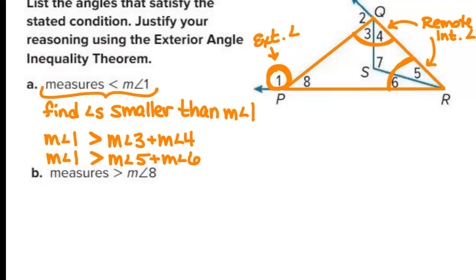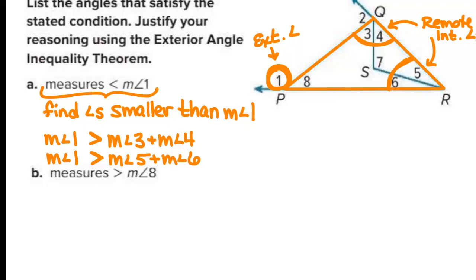They asked me to find the angles that angle 1 was bigger than. Well, it's bigger than angle 3 and 4 put together. So is angle 1 bigger than angle 3? Is it bigger than angle 4? It's bigger than angle 5 and 6 put together. So is it bigger than angle 5? Is it bigger than angle 6?